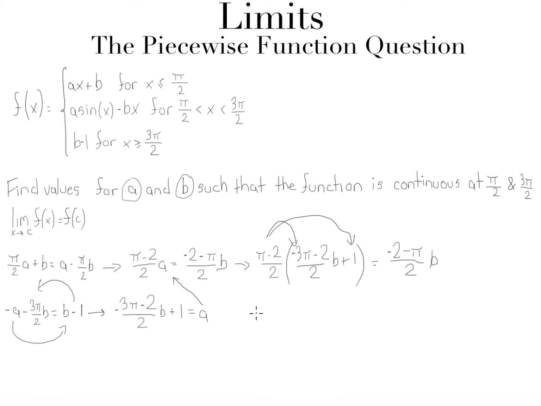So this results in minus 3 pi squared plus 6 pi minus 2 pi plus 4 over 4 b plus pi minus 2 over 2 equals negative 2 minus pi over 2 times b.